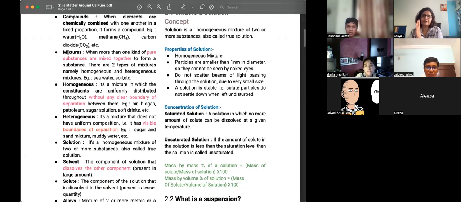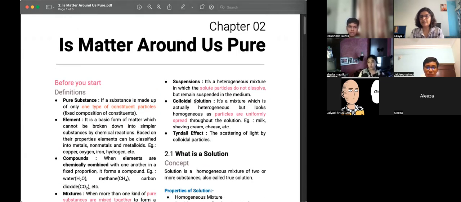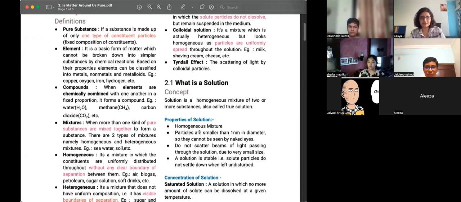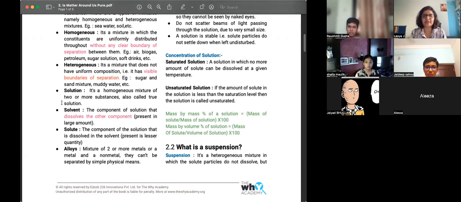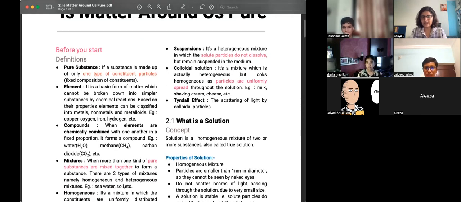In mixtures, definition of mixture, homogeneous, heterogeneous, solution, suspension, colloid, and Tyndall effect. These are the definitions you absolutely have to write. If you want, you can also write the definitions of solvent, solute, and alloys. If not, even if you skip that, it's okay. But all the words that we spoke about that I have given you in that chart, plus Tyndall effect. Okay, so all those definitions should be there.